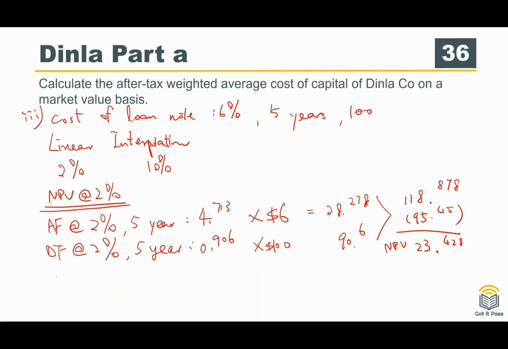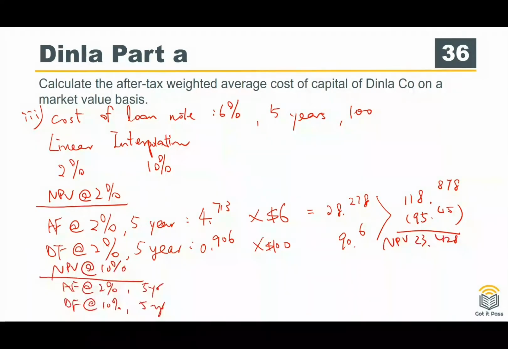And follow the same logic, you can work out the NPV at 10%. Okay, which is the annuity factor at 10%, 5 years, and also the discount factor at 10%. The annuity factor at 10% for 5 years is 3.791 times $6, and the discount factor at 10% for 5 years should be 0.621, okay, times $100.